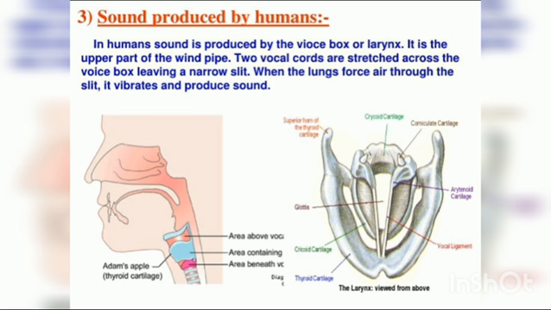So the male voice is a little bit high, and the female voice is soft and low. By exhaling the air we make the vocal cords vibrate. So this is how the sound is produced in humans, isn't it, children?